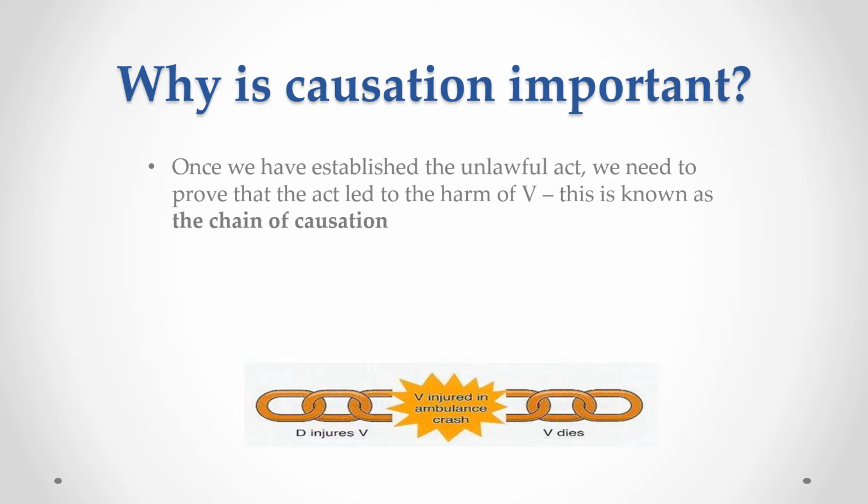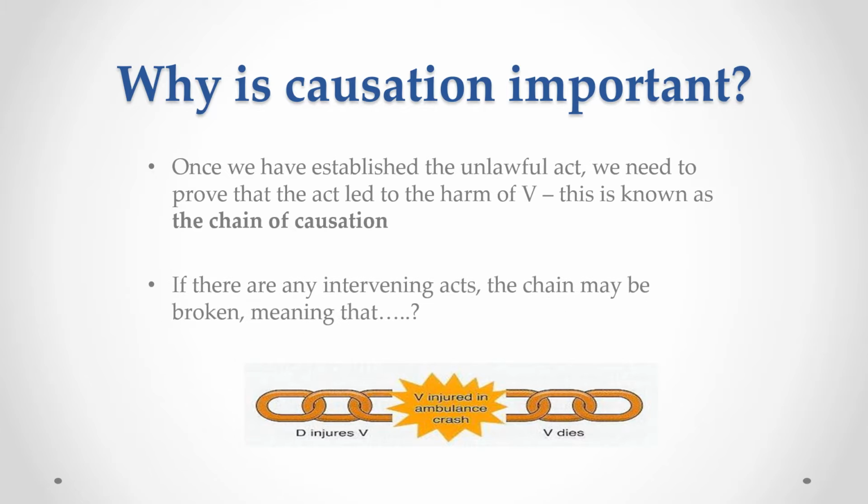So to recap, once we've established what the unlawful act is, be it killing or injury, we have to prove that the act led to the harm of the victim. And the defendant must have caused that harm or death. If there are any intervening acts, then the chain may be broken, meaning that the defendant or the accused will not be liable for that crime.